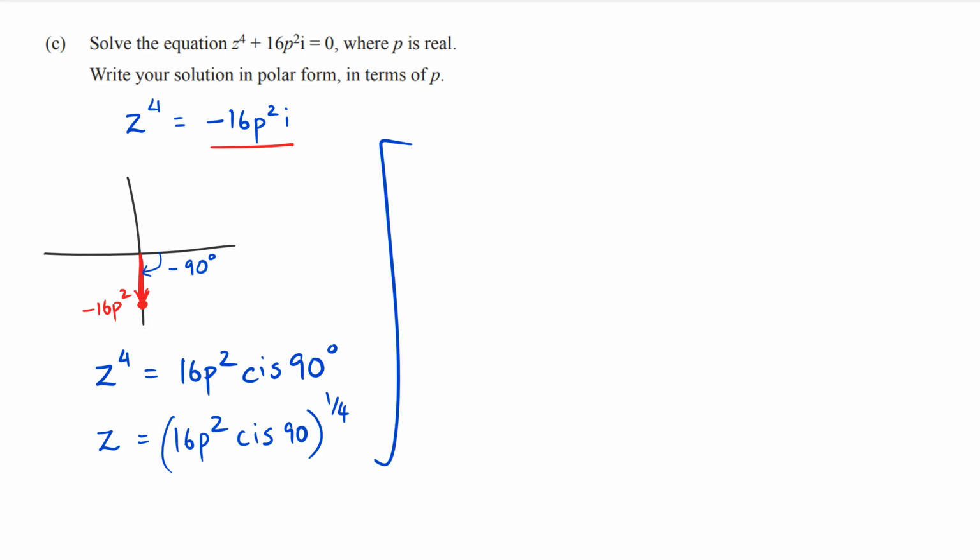So with that in mind, we're going to get our first root, which is 16 p squared to the power of quarter cis 90 divided by 4. Sorry, that should have been minus 90. That's my mistake.